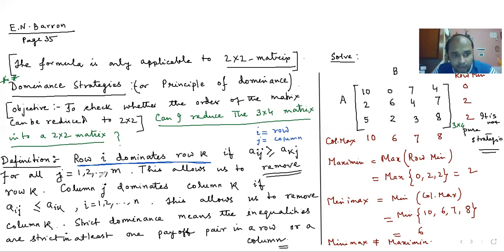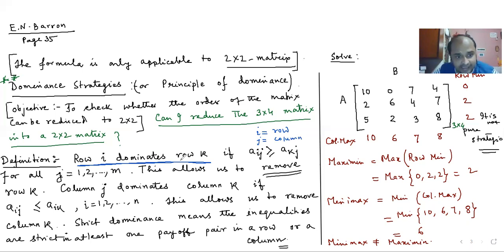So you are varying the column, and you see that for a particular row i, all the elements of that row are greater than the corresponding elements of another row.